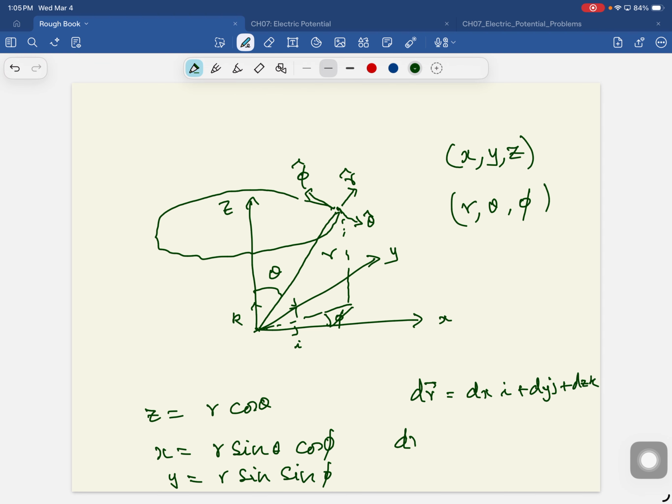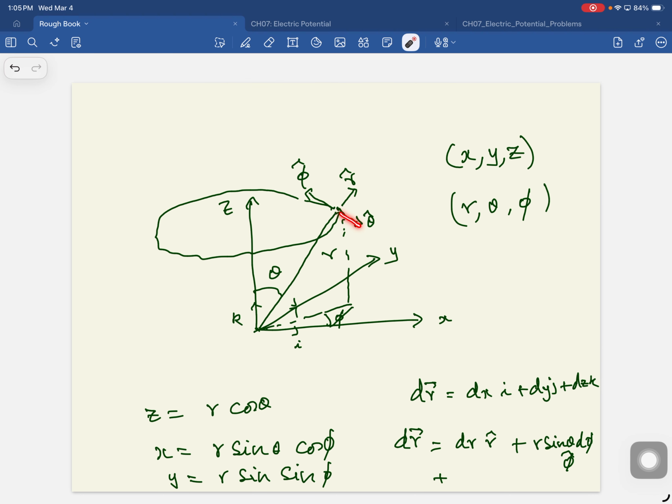If you wanted to write the same displacement in spherical polar coordinates, you would write it as dr r hat, that's the distance parallel to that, and then the distance parallel to this vector would be r sine theta d phi phi hat, and a distance parallel to this would be r d theta theta hat.